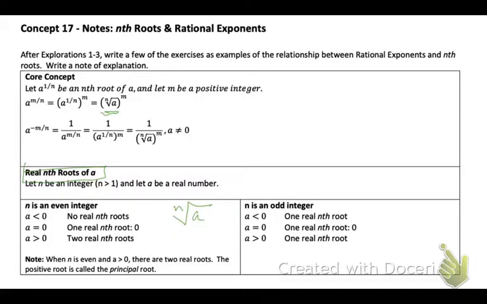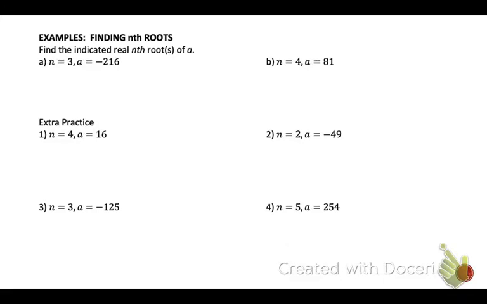And if a is greater than 0, then you'll have 2 real roots. Now, if n is an odd integer, like the 3rd root or the 5th root, then if a is negative, you will have 1 real root, and it will be a negative number. If you have 0, then the nth root will be 0, and if you have a positive number, then the odd root of a positive is just 1 real root, and it is positive. This will make more sense as we do some of these.